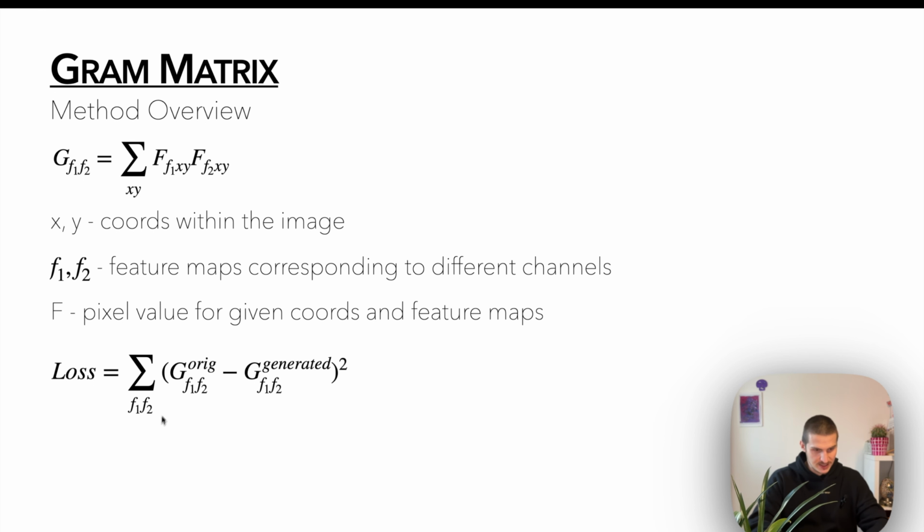And the actual loss is calculated as mean squared error between two gram matrices: the gram matrix from the original style image, and the gram matrix for the generated image. So it no longer cares about positions. It doesn't care where those dog heads with letters A on them are located, but it cares how many of them there are and if there are such objects in the picture.